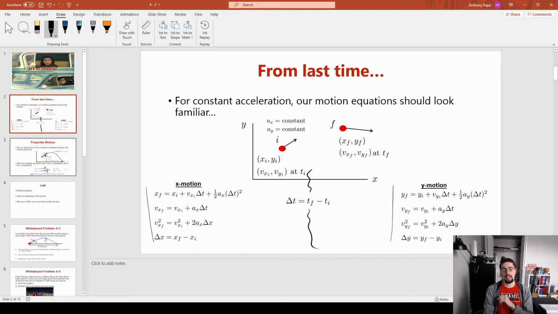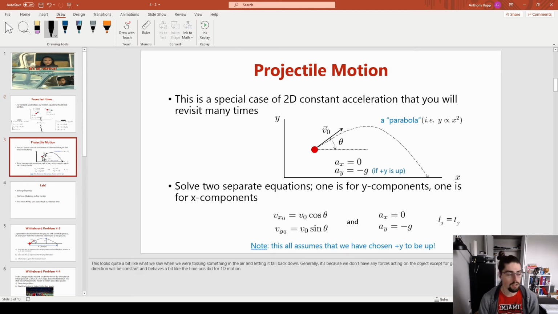But most of the time, as we're seeing these things in two-dimensional motion, we have a very common problem, specifically describing what we call projectile motion. So, say you're tossing a ball to a friend, or tossing a ball at the ground, or throwing something at somebody, whether or not you like them, I don't know.